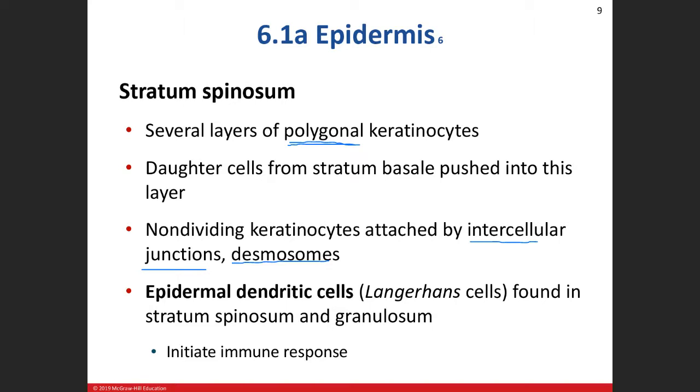Now you're going to run into these cool cells, the Langerhans cells or the epidermal dendritic cells. These are a form of white blood cell. They're not the kind that are going to be flowing through your blood, like lymphocytes or neutrophils. They're what we call resident cells. They live here in this layer.